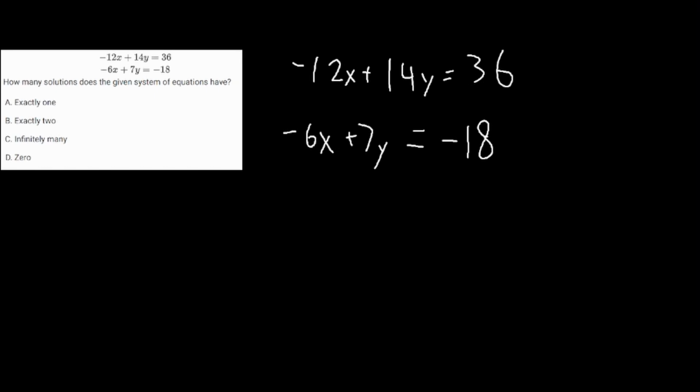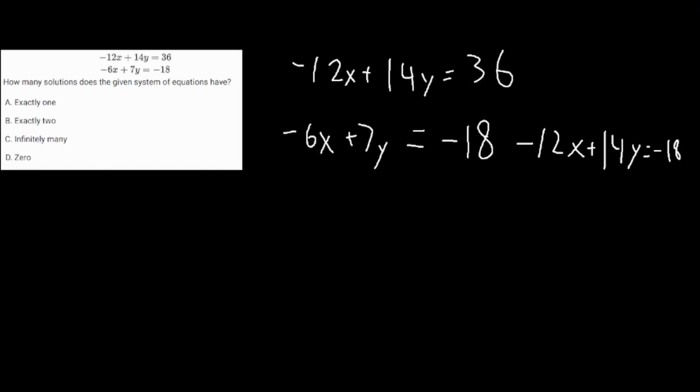So we'll multiply the second one by 2, so that'll give us negative 12x plus 14y equals negative 18. And now we'll subtract the second equation from the first one.